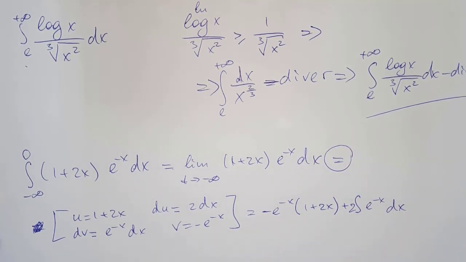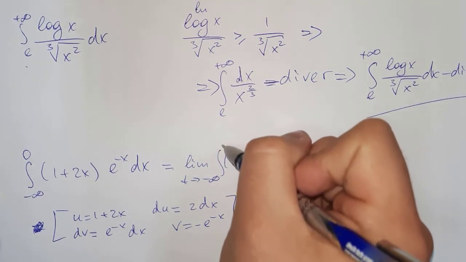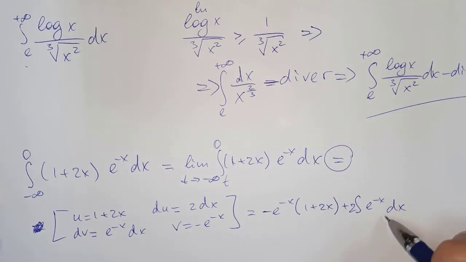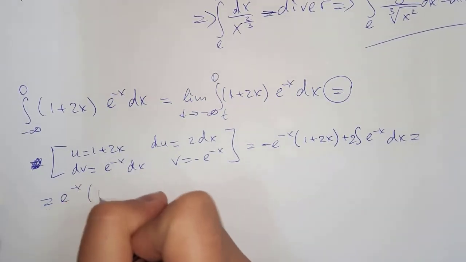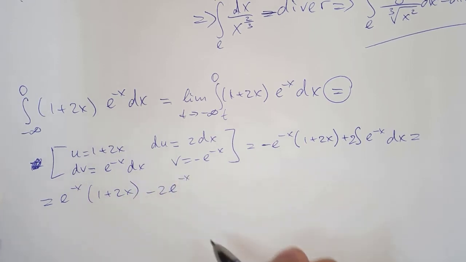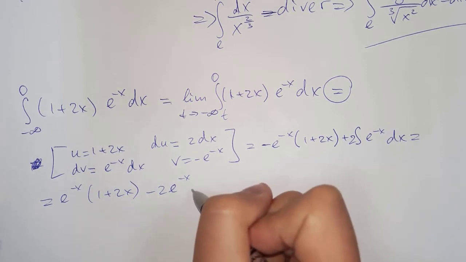Here, of course, the integral is from t to 0. Now it will be e to the power of minus x, and when we open it, 2 minus 2 e to the power of minus x. So it equals minus e to the power of minus x times (1 plus 2x), minus 2 e to the power of minus x, plus c when we integrate the indefinite integral.